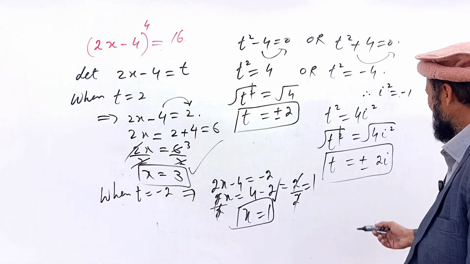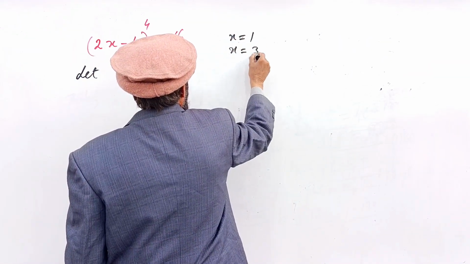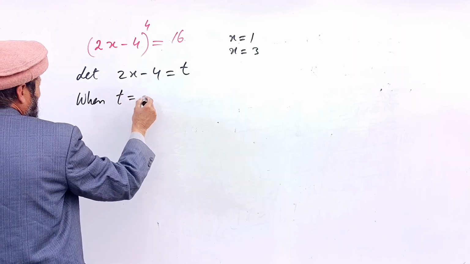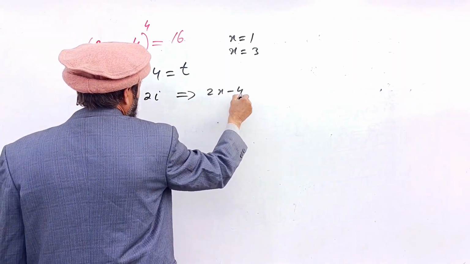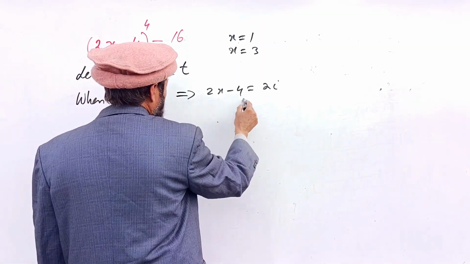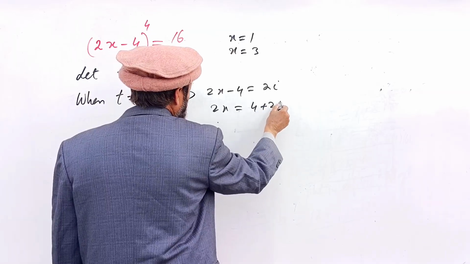Now we have x is equal to 1 and x is equal to 3. When t is equal to plus 2 iota, what will happen here? 2x minus 4 is equal to 2 iota. Now 2x is equal to 4 plus 2 iota.